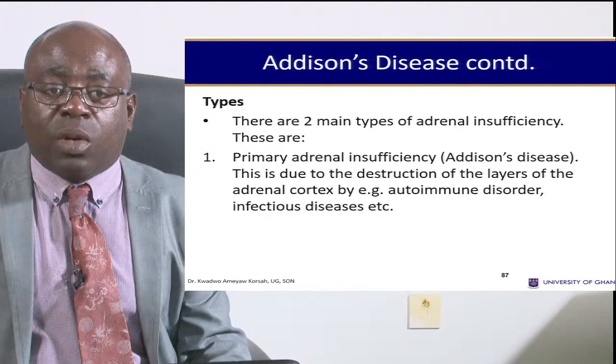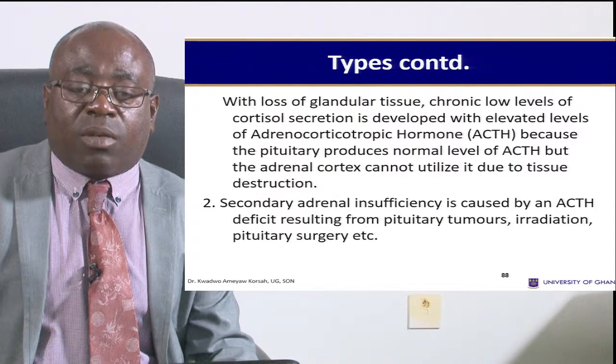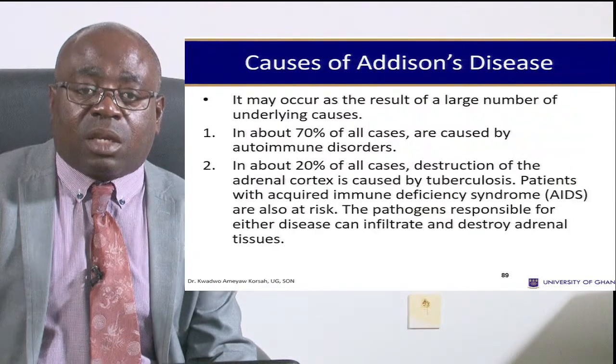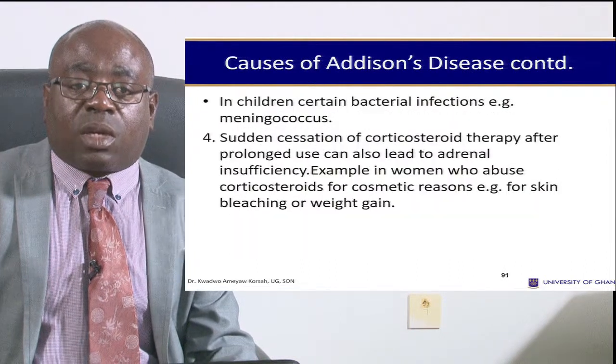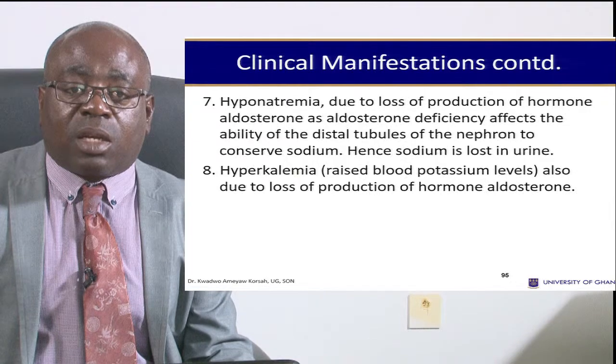You can go through the types: primary adrenal insufficiency, you have the secondary adrenal insufficiency, and then causes, as you can see, clinical manifestations. The notes are there.